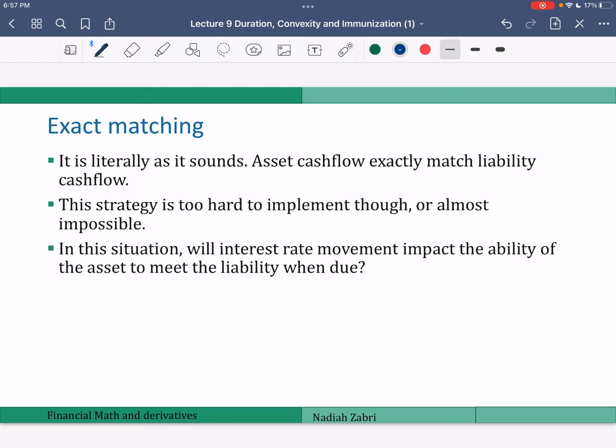This is a strategy that is too hard to implement though, or almost impossible. In this situation, will interest rate movement impact the ability of the assets to meet the liability when due? No. Change of yield won't impact our position at all.